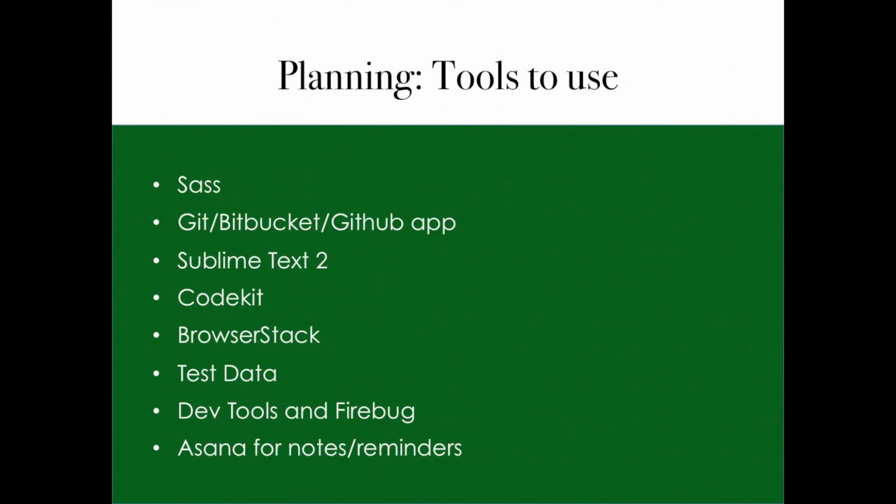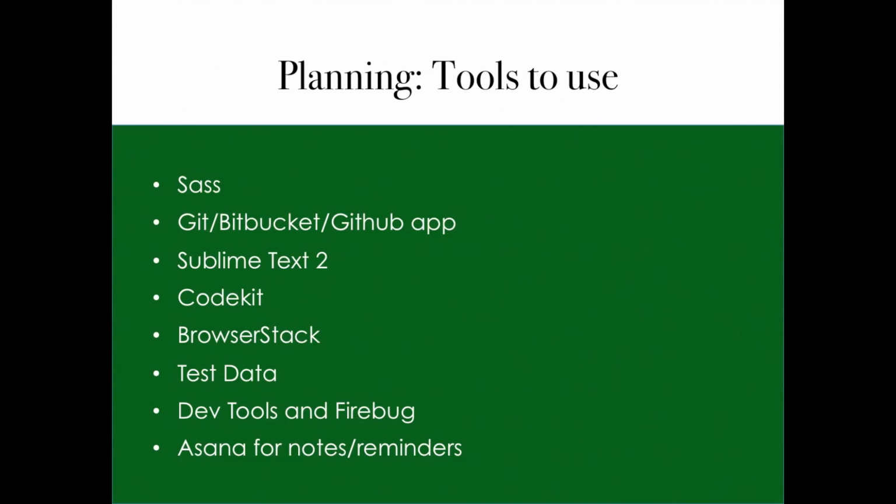Okay, and some tools that I'm going to use. So before doing this theme, I hadn't used SASS or Git very much, but both have been really beneficial. In terms of SASS, just being able to separate out the CSS and simplify what I'm writing, being able to have variables that you can just go in and change colours and it affects the whole document, makes it so much easier.